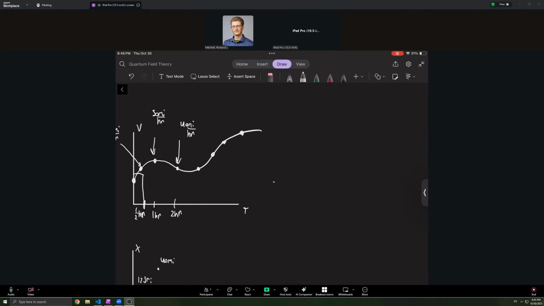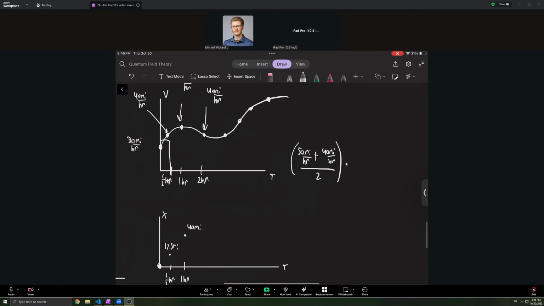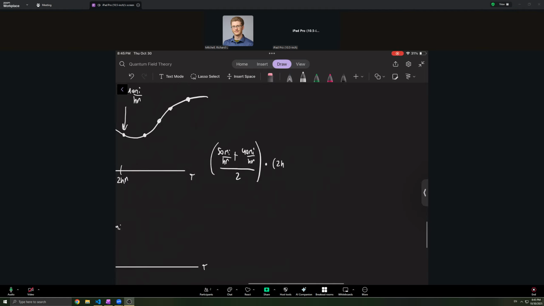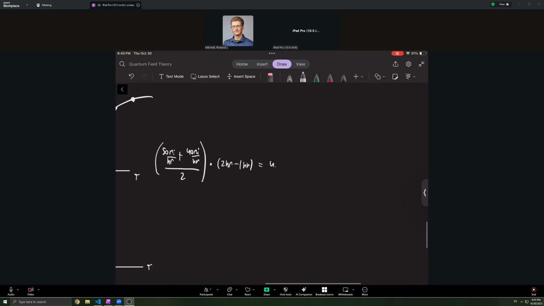I'll even write it out again, just to be as clear as I possibly can. Take the average, and the total time would be 2 hours minus 1 hour, and that would be 45 miles. Goodness gracious, 45 miles per hour times 1 hour equals 45 miles.